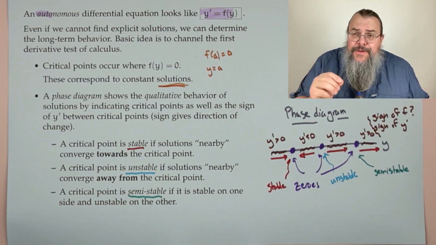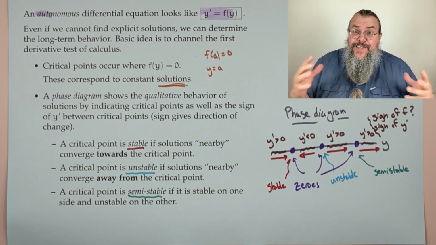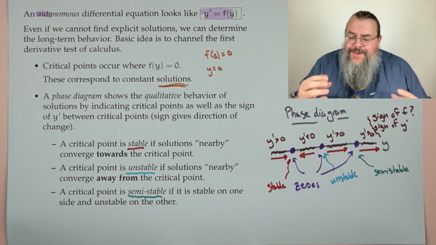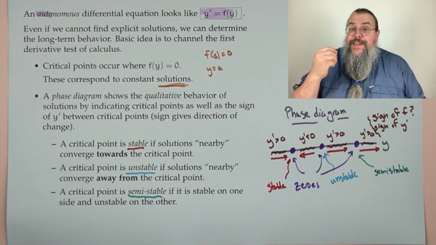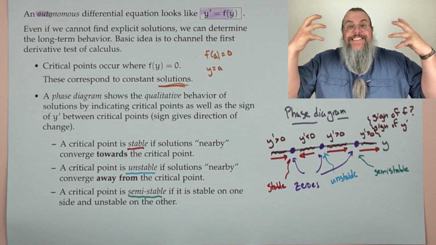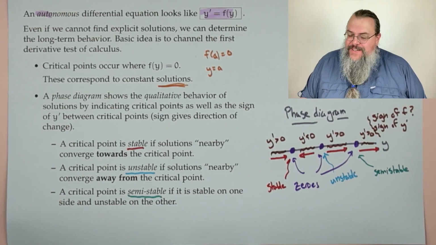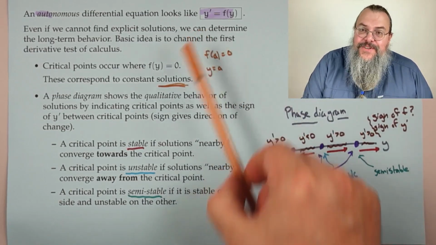But before we leave, you might be feeling like deja vu. I've seen this before. What is it? Wait, where have I seen this? It feels kind of like the first derivative test, because that's essentially what it is. It's basically a first derivative test, right? Because we're looking at the first derivative.